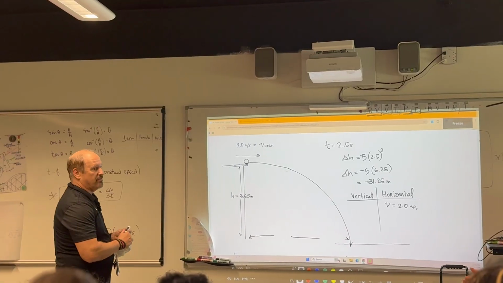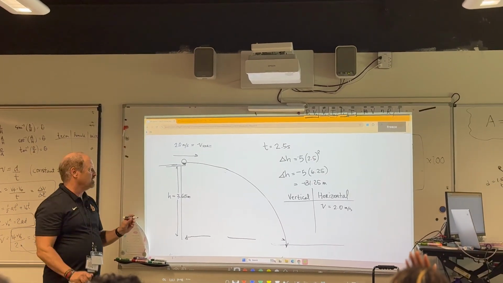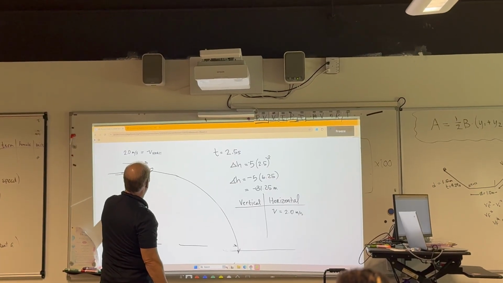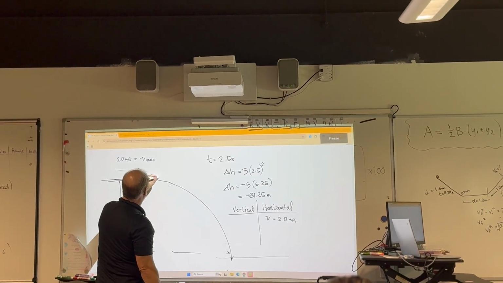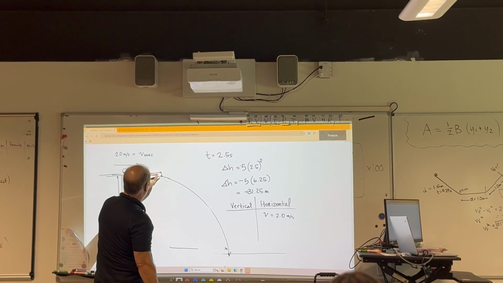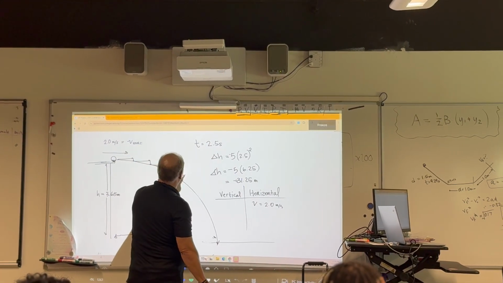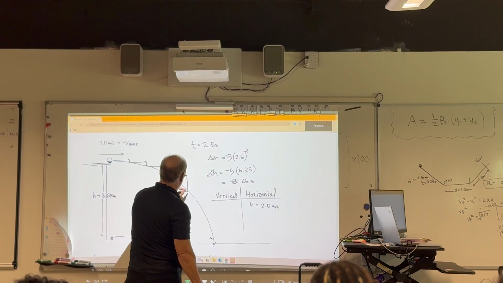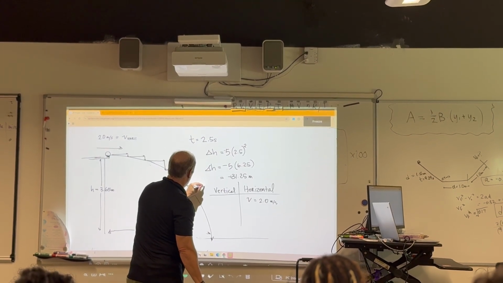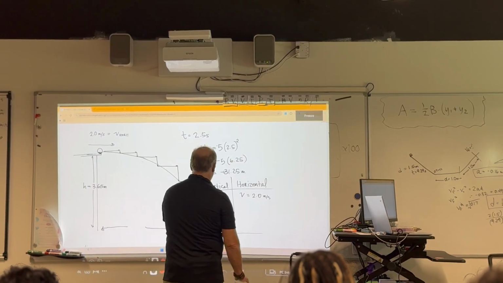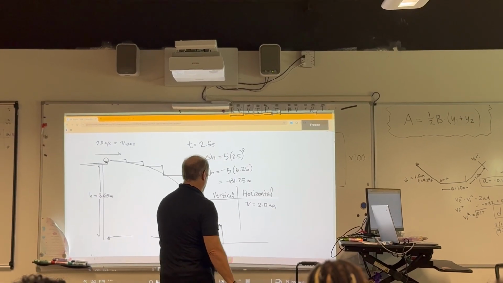If I were to draw a vector diagram, it would have a 2 meter per second vector and a drop. And then the same 2 meters per second and a drop, and the same again, and again. So you see what's happening?